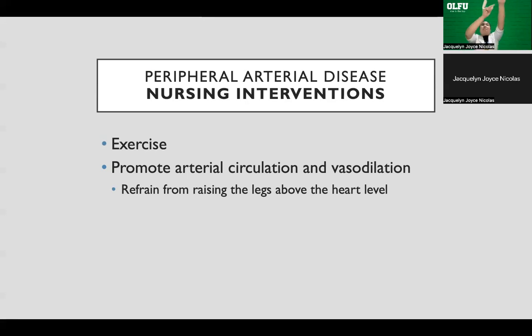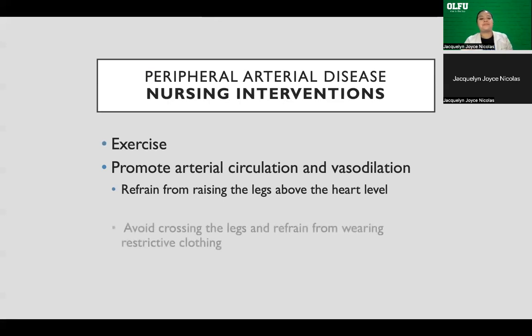Kapag tinaas mo, mapopromote mo ang venous circulation. Pero ang arterial circulation, pataas. Kaya dapat proper positioning. Tandaan yan. Kaya it's better for us to identify if it's arterial or venous, because one action for this may not be the recommended action for the other. Tandaan yon ng maigi.